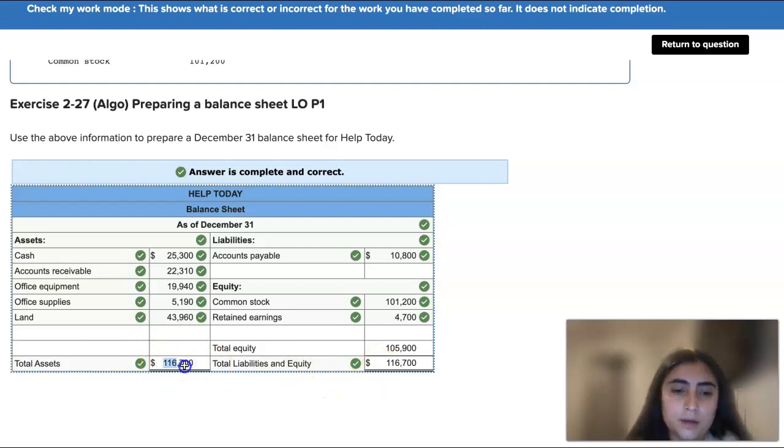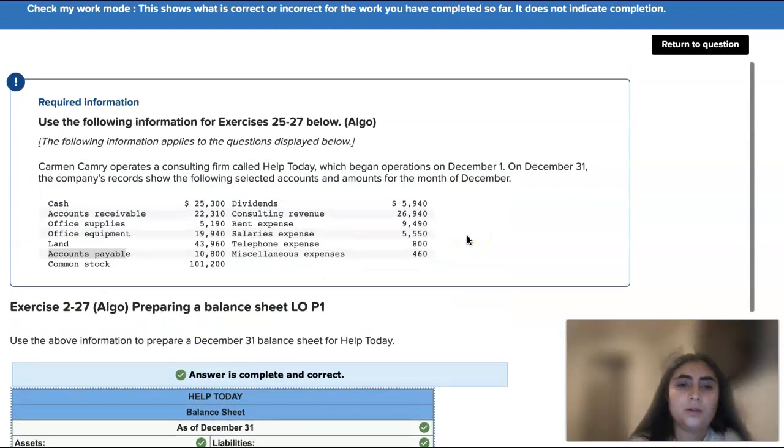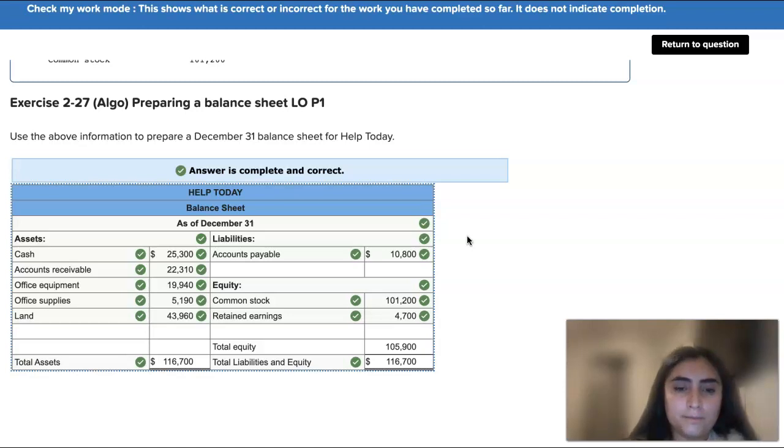You can see here this amount of money is the same as this one. So that is pretty much it. We don't have anything else to do in here. It gives us an example of what a company would put on the balance sheet and all of these transactions.